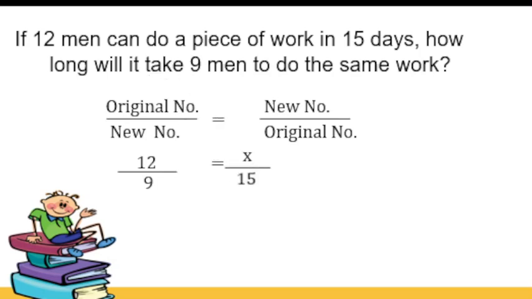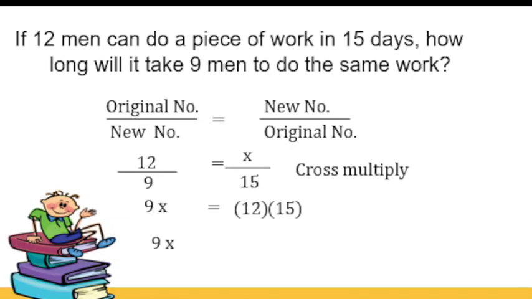15. Okay, so you have to cross multiply, and then you have x times 9 is equal to 9x, and 12 times 15 is equal to 180, and then divide 180 by 9, so x is equal to 20.